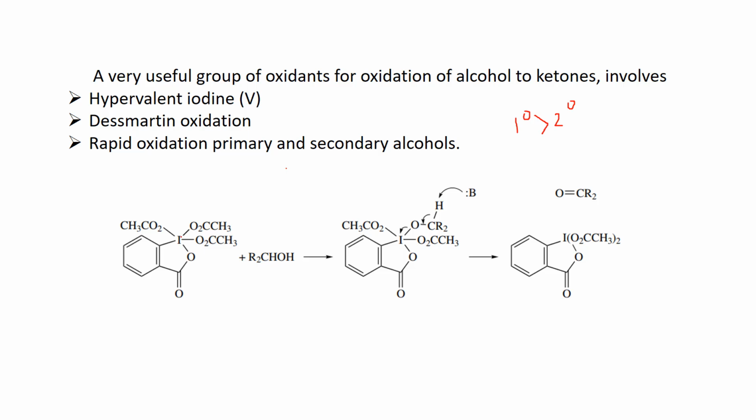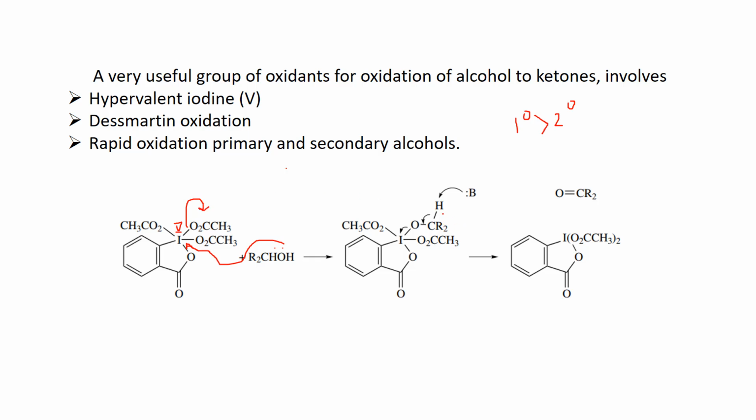So this is the mechanism for this Dess-Martin reaction. This is a hypervalent iodine because this is in a high oxidation state. So this is +5. If you are adding alcohol, this attacks this iodine center and one of the acetates will get removed.